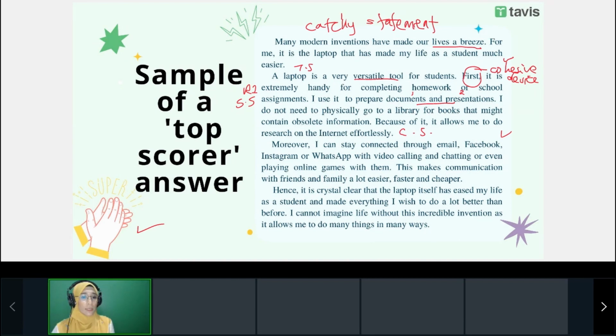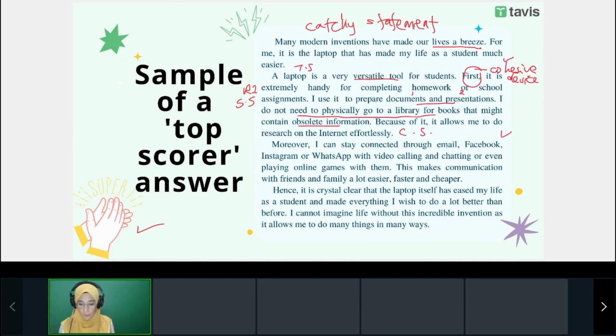Now you can see he or she is providing another reason, saying there is no need to physically go to a library for books that might contain obsolete information. Again, with the vocabulary, very good. Obsolete information, I would say in the simplest terms, it's old information.